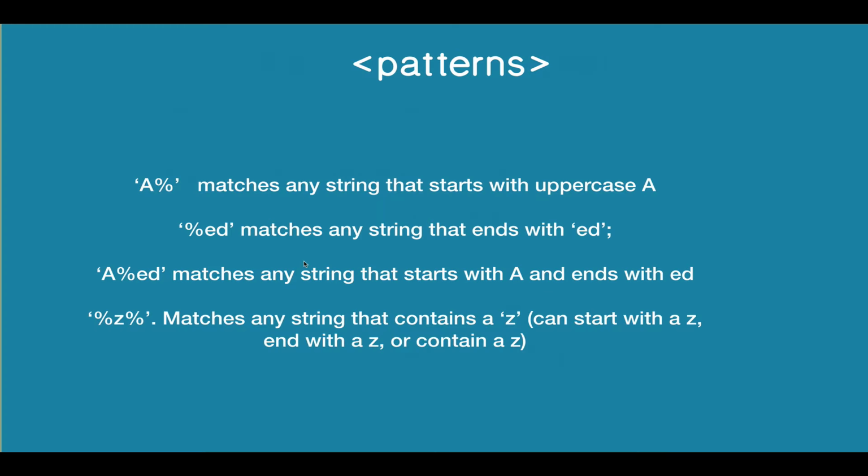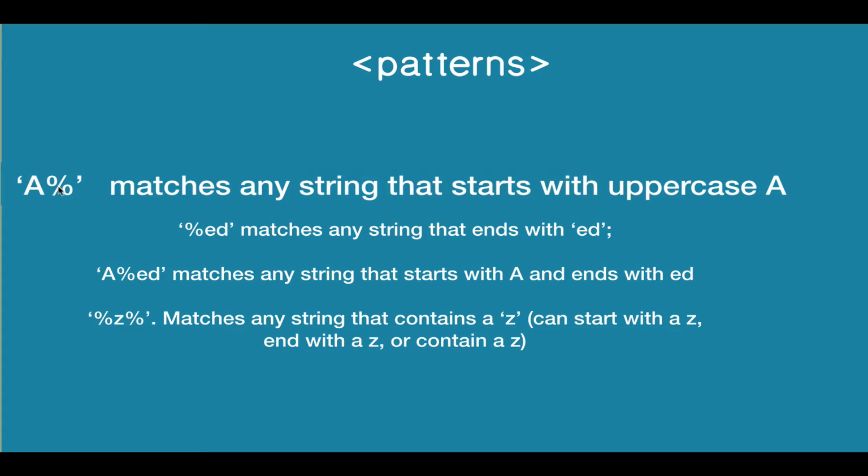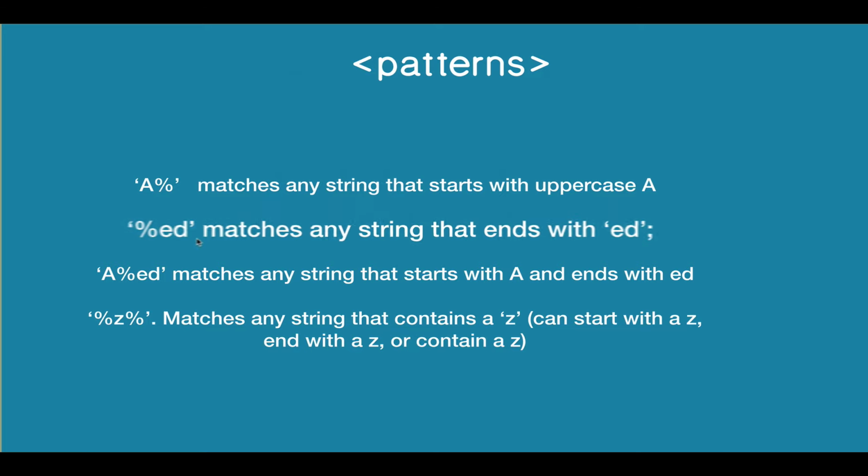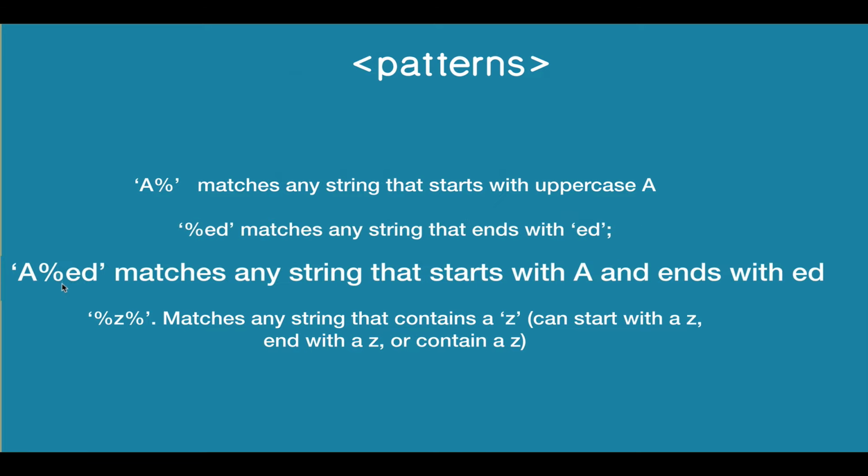And the patterns are that this % is the wildcard character. So if you have a letter A followed by the wildcard, that matches any string that starts with uppercase A. If we have the wildcard first, so that can match 0 or more characters, and then it ends with ED, that matches any string that ends with ED. If we have this occurrence, the third line here, capital A %ED, that matches any string that starts with the capital A and ends with ED.